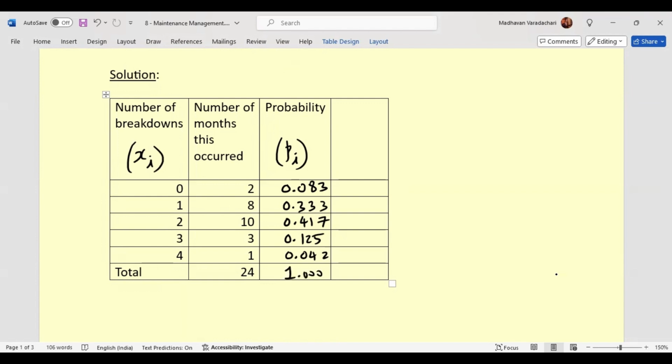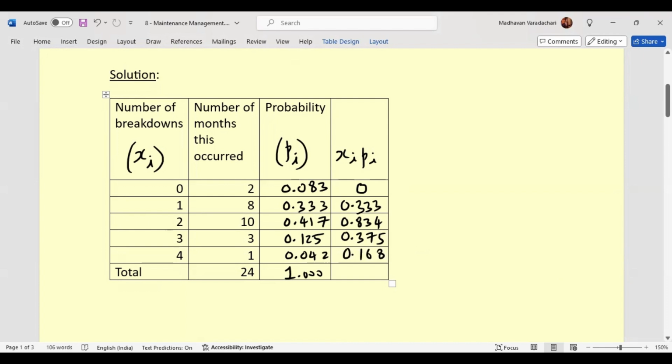Here we will be computing xi into pi so that we can find summation xi pi, which is our expected value of the number of breakdowns. So 0 into 0.083 is 0. This will be 0.333. This will be 0.834. This is 0.375. This is 0.168.